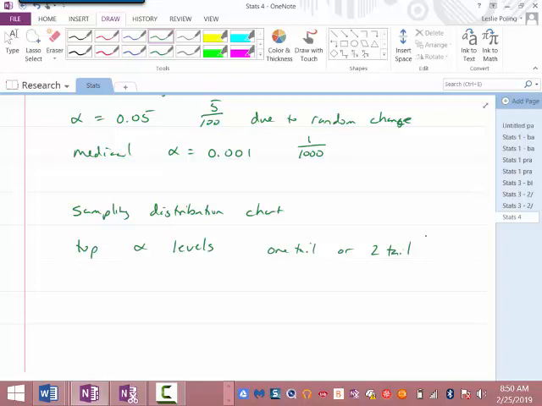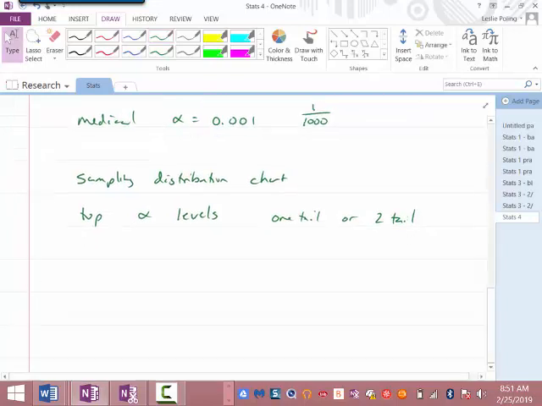Look at those values across the top. What can you tell me for every column about the two tail alpha level versus the one tail? It's double because it gets both ends of the distribution, whereas the one-tailed only gets the one end of it. Okay? And down the side, what do you have? Degrees of freedom.